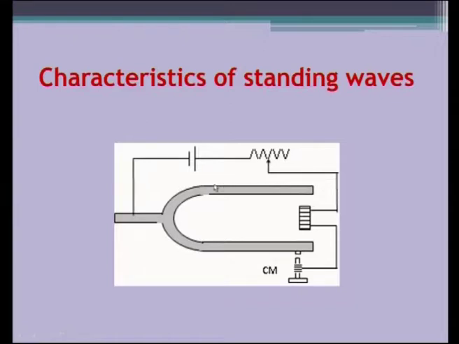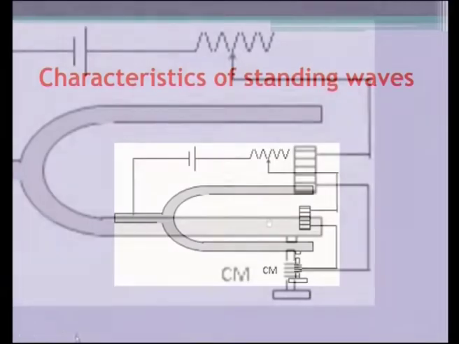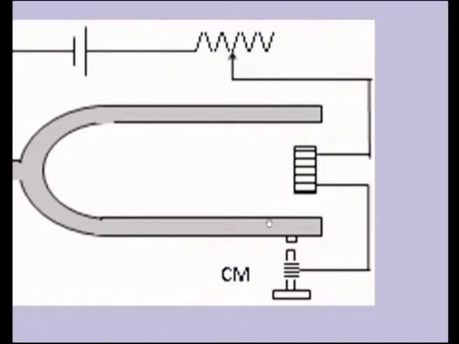This is the tuning fork, which is made to vibrate with the help of an electromagnet, and here we have the contact maker. This contact maker is always in touch with any one of the prongs of the tuning fork.